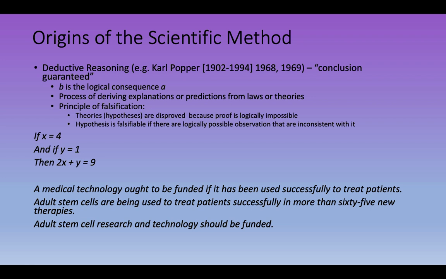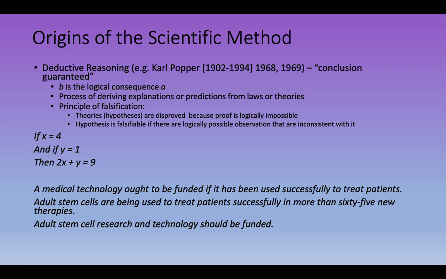This was the part that told us the evidence, the least biased way of thinking about evidence. And so in this process, we have theories or hypotheses that are disproved because some sort of evidence proves that it's logically impossible, right? So in this case, you have to have a falsifiable hypothesis.